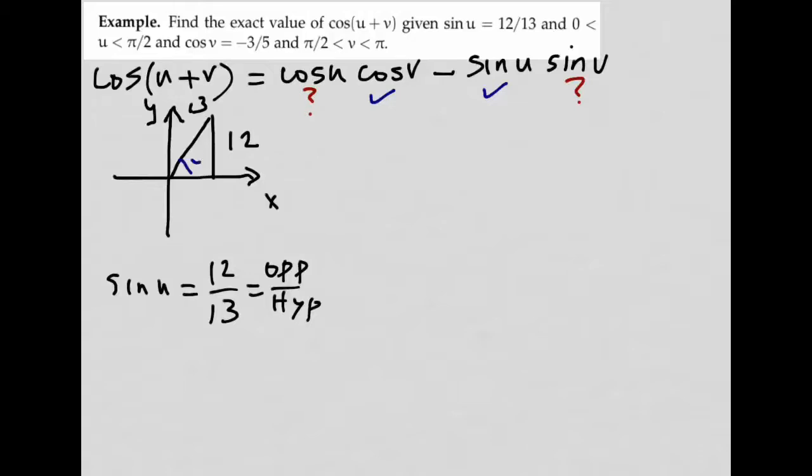Here's angle u. As you can see, it's an acute angle. Now, using the Pythagorean theorem, you will see that the adjacent side to u would be 5. What do we need from this triangle? We need cosine u. Now, cosine u is the adjacent over the hypotenuse, which is 5 over 13. So now we know cosine u is 5 over 13.